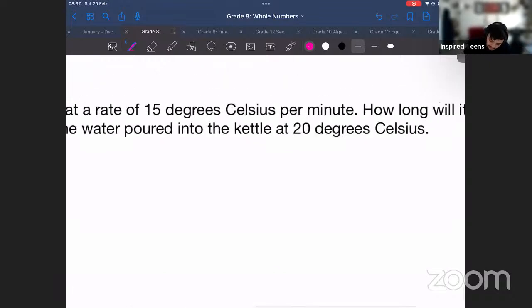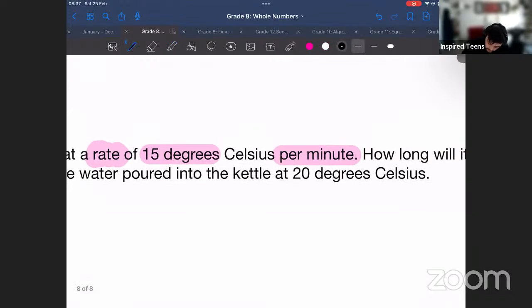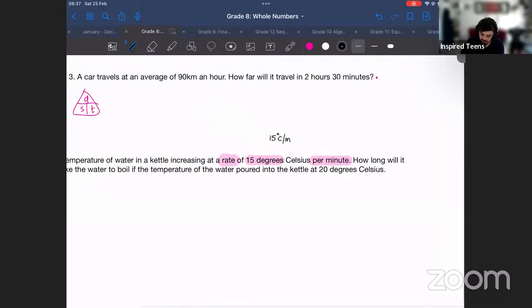Let's look at the rate given to us: 15 degrees per minute. Expressed mathematically, 15 degrees Celsius per minute. Every minute it increases by 15 degrees Celsius.